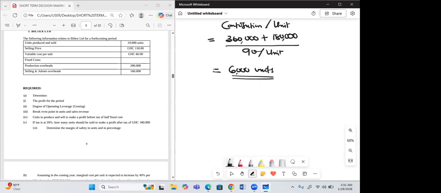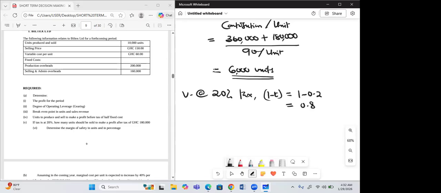If tax is at 20%, we should make a profit after tax of 180,000. So 1 minus T will be equal to 1 minus 0.2, which will give you 0.8. Is that clear?